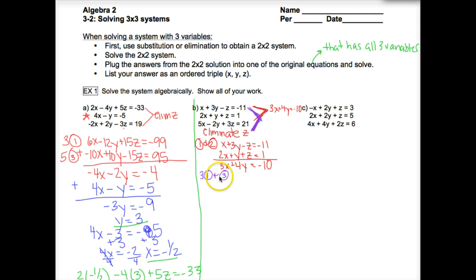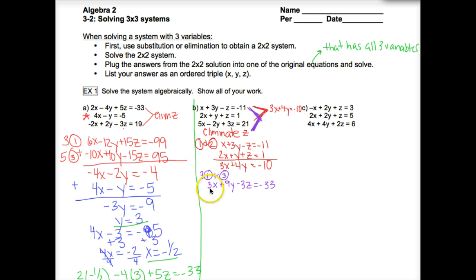So that's my little notation. 3 times equation 1 and equation 3 just as it is. So 3 times equation 1. Remember to distribute to all of the terms. So 3x plus 9y minus 3z equals negative 33.